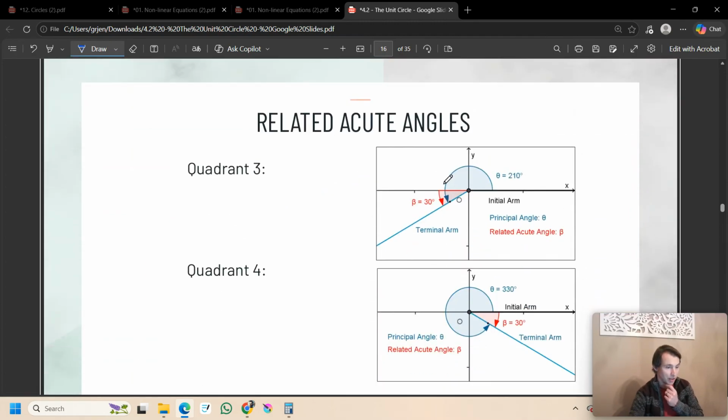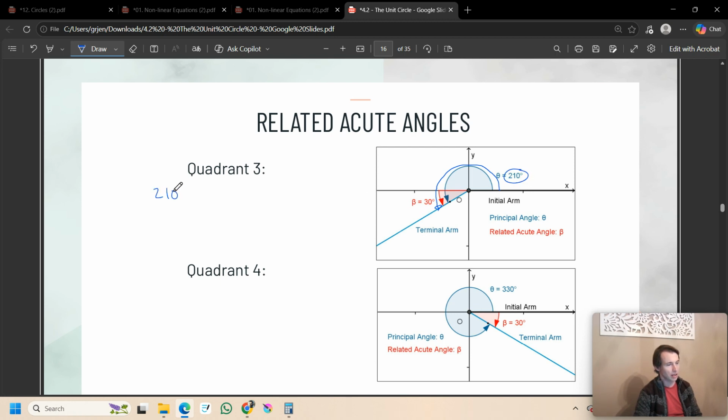In quadrant 3, we have to do 180 plus the related acute angle, which gives us the thing in quadrant 3. So here, this angle is 210, so we have the principal angle 210.